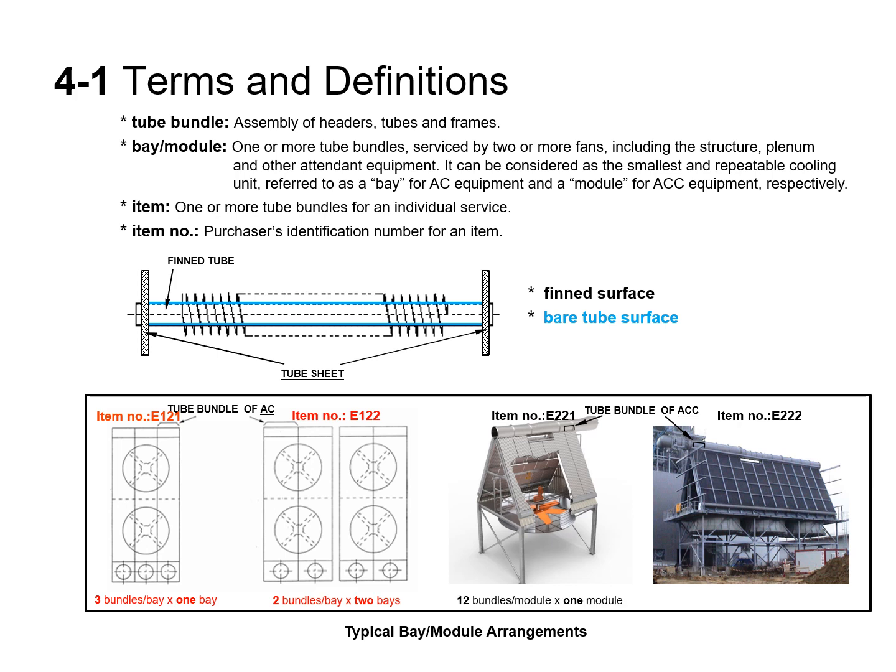ACC equipment E221 has only one module, and that module is composed of 12 bundles. ACC equipment E222 has 3 modules, and each module is composed of 8 bundles.